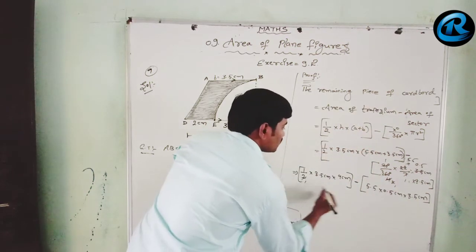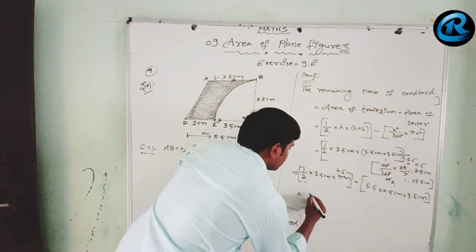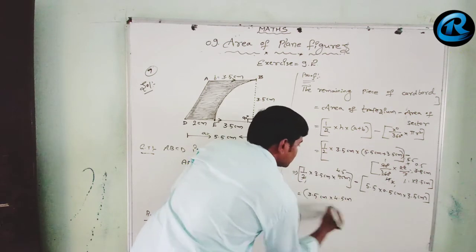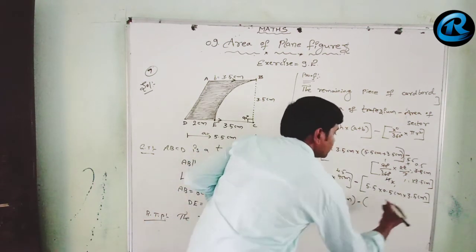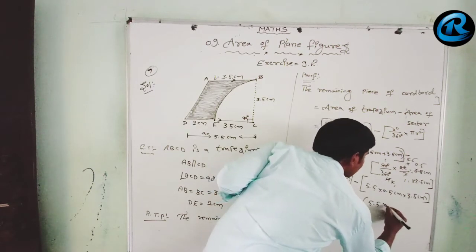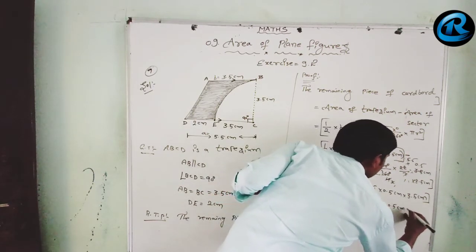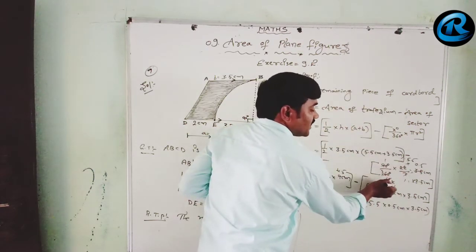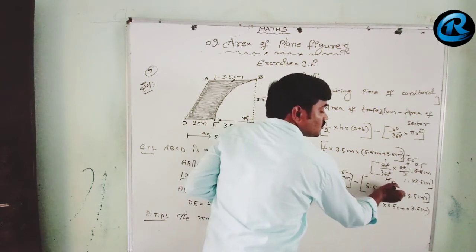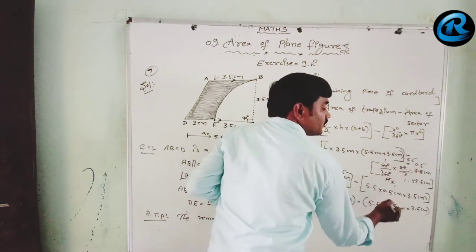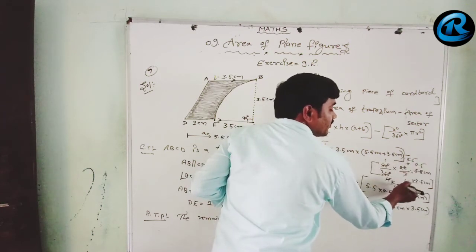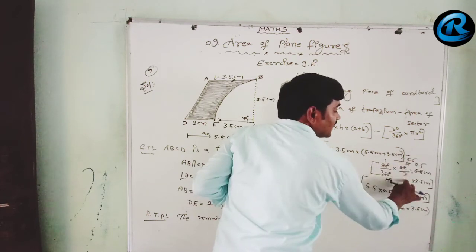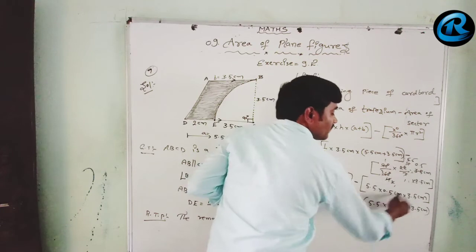This equals 3.5 centimeter into 4.5 centimeters, minus 5.5 into 0.5 centimeters into 3.5 centimeter. So we got these values.